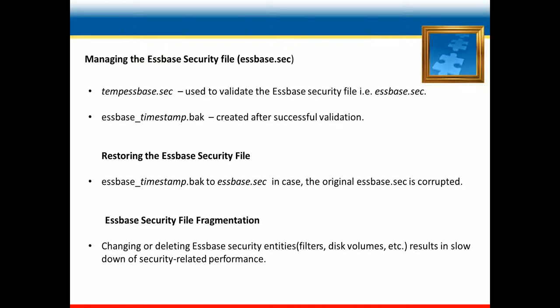And whenever an SBase administrator tries different security settings on filters, disk volumes, etc., it may cause a slowdown of security related performance in SBase. So this fragmentation can be managed by the SBase administrator using regular defragmentation of the database.